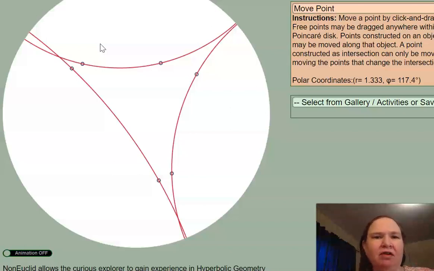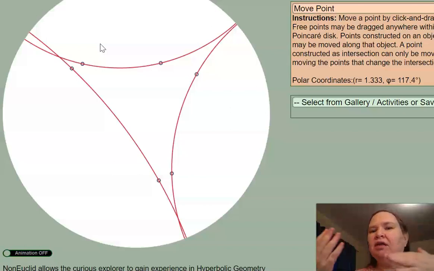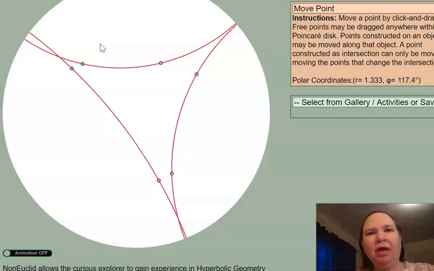That's going to be one of our favorites, one that we're going to come back to again, and get a feeling for what hyperbolic lines look like. What do hyperbolic triangles and angles look like? How is the hyperbolic plane similar to and different from the main Euclidean geometry that we're studying?